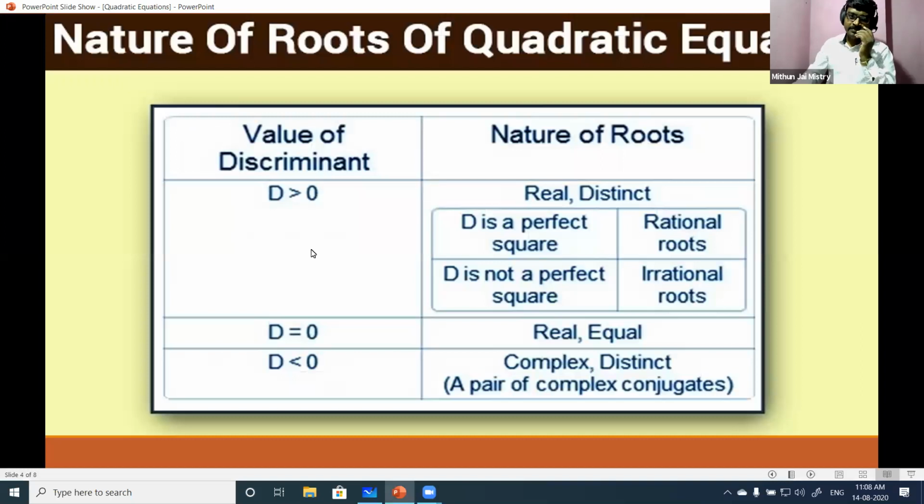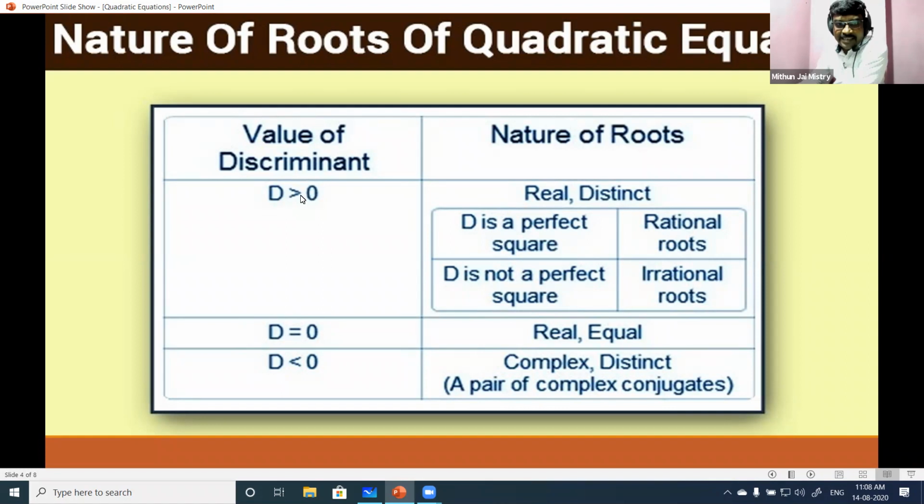If the discriminant is greater than 0, the roots will be real and distinct. The word distinct means different.